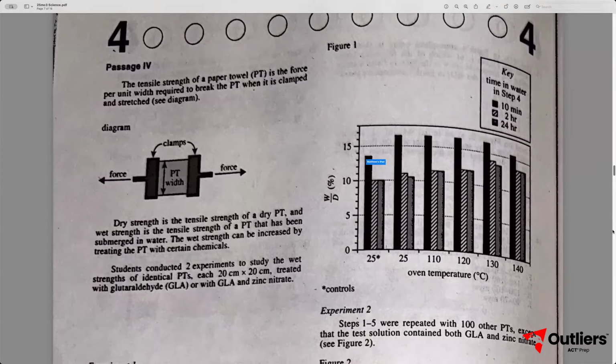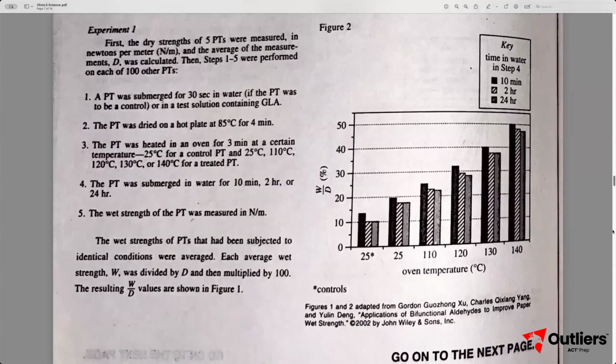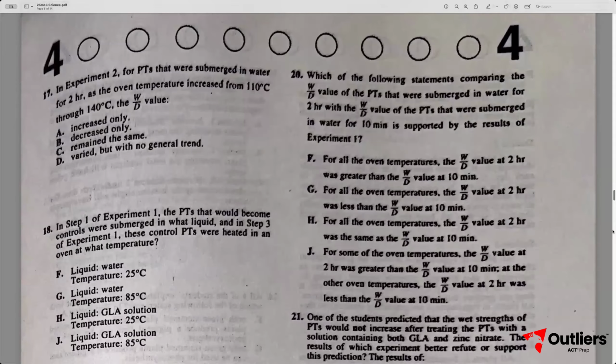Notice that at every instance, 25, 25, 110, the black bar is taller than the striped bar. And so this means that the 10-minute trials were always higher than the 2-hour trials. Or worded a different way, the 2-hour trials were always less than the 10-minute trials.